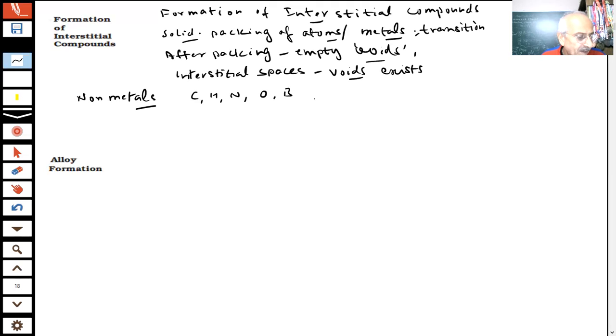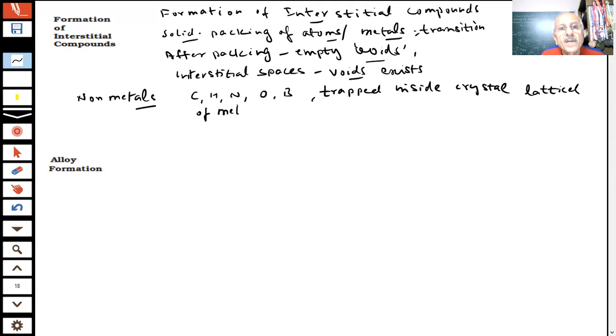They are trapped inside the crystal lattices of the metals.